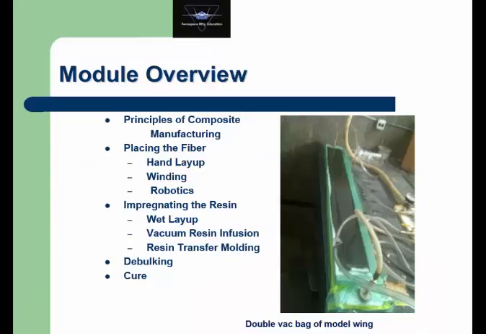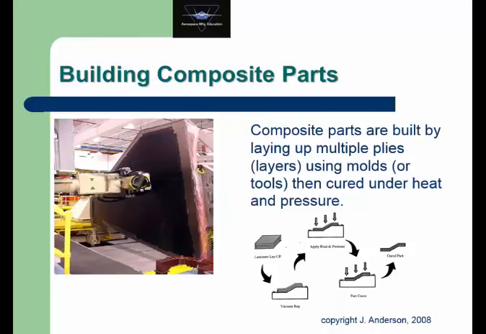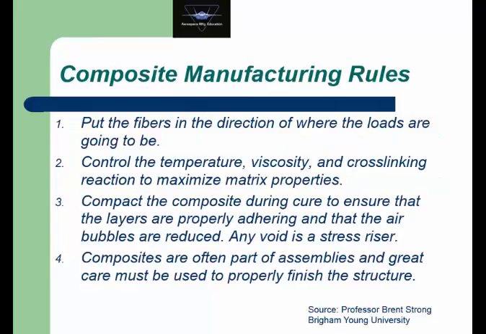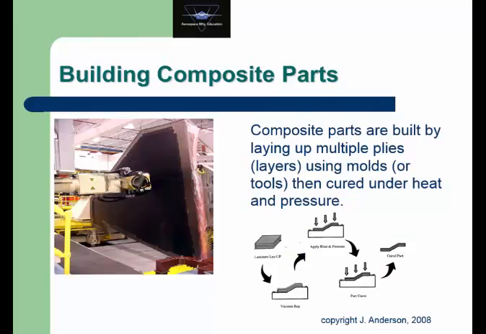We have learning objectives here, and we go through a module overview. It's essentially the process by which composites are made. We've talked about this building of composite parts before when we went through the intro to composites. Basically, we take a series of sheets and we lay them up into a laminate in a mold.